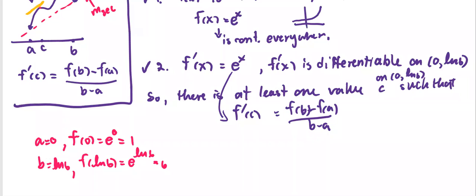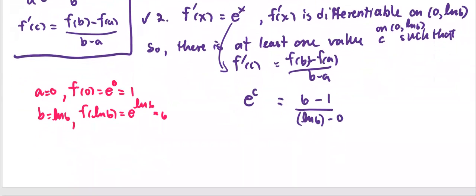Now we have the two function values, put them back into the working area. Replace x with c on the left expression, which is e to the power c, equals the function at b, which is 6, minus the function at a, which is 1, divided by b minus a, or natural log 6 minus 0.